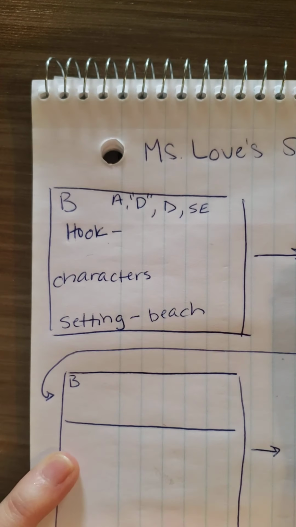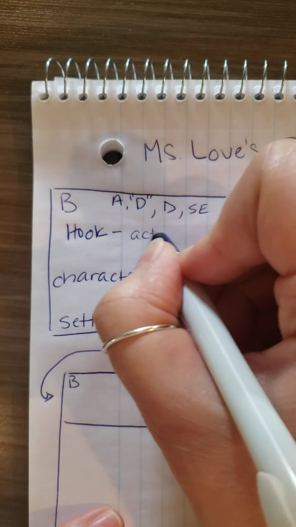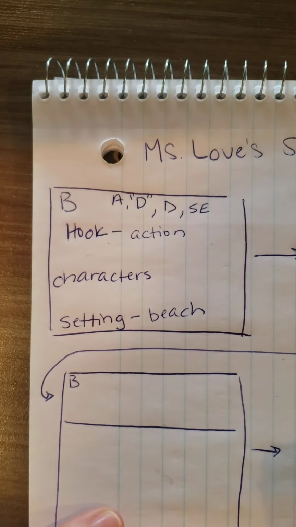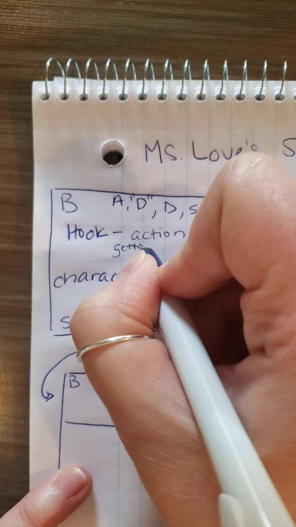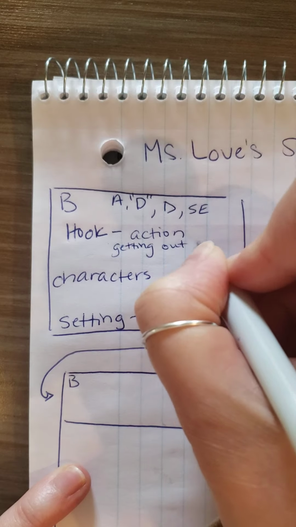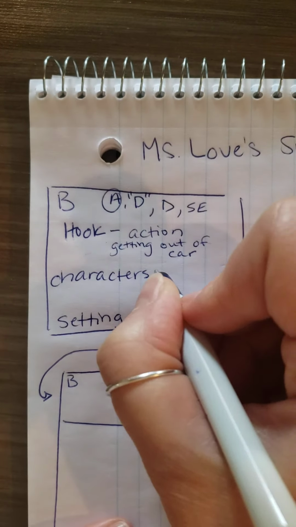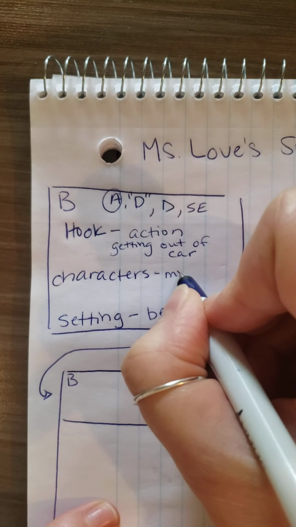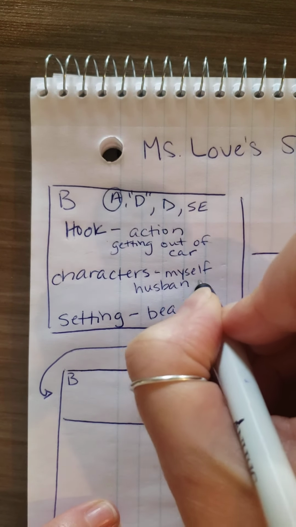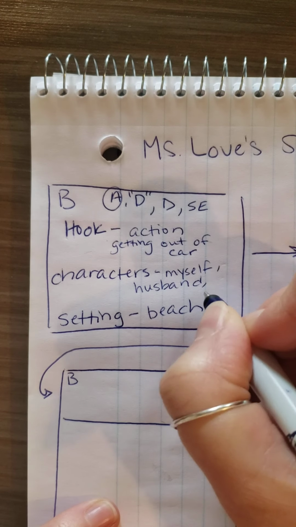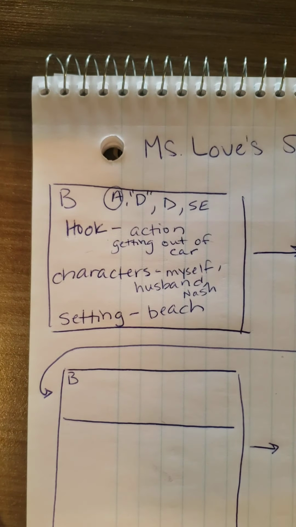My hook is going to be an action, and my action is going to be getting out of the car. And the characters are going to be myself, my husband, and my son, Nash. So that's the beginning.